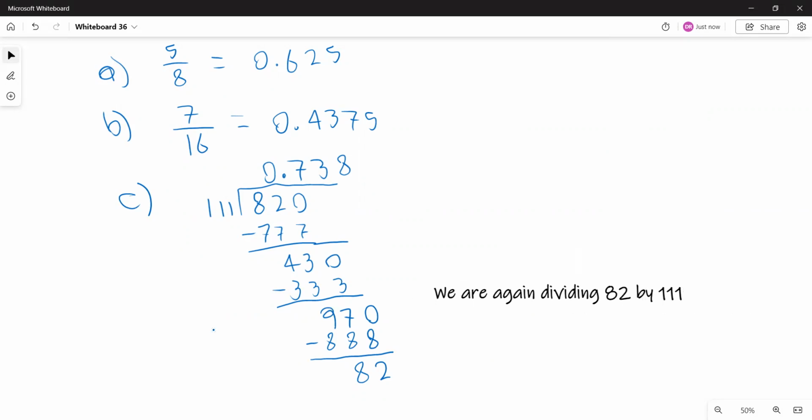So that cycle will continue. And let's write an arrow. So we are again dividing 82 by 111, and we're going to get another sequence, 738. And that process will keep repeating, 738, 738, 738, and so on.